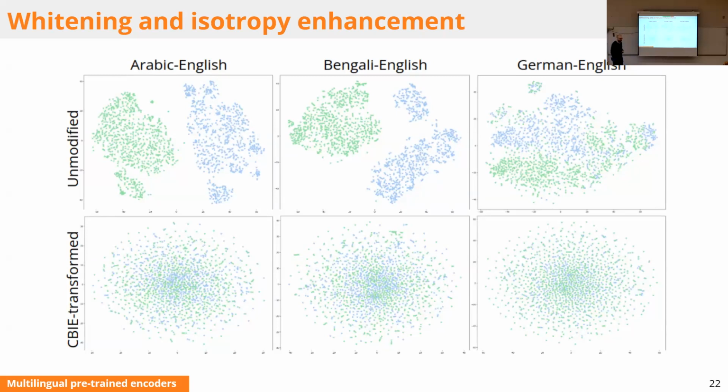What this method does is that it first does a k-means clustering to actually many more clusters than the number of languages, and then it takes each of the clusters. It does PCA in each of the clusters and removes the first principal component.